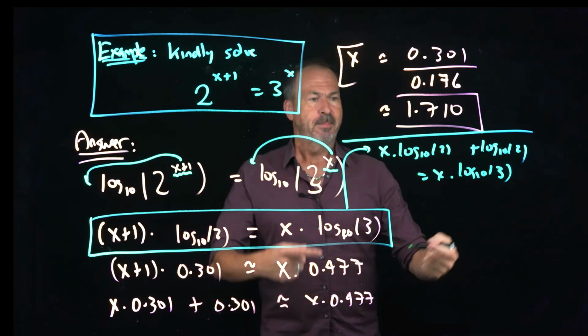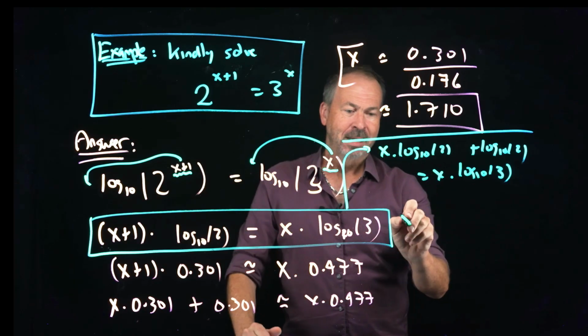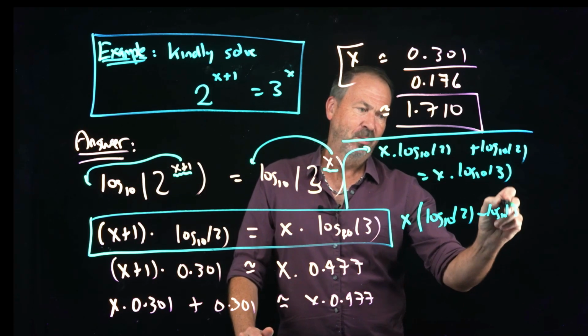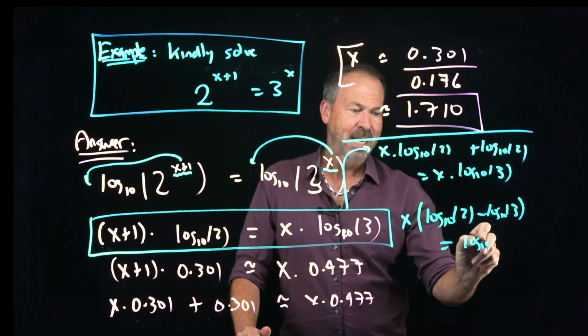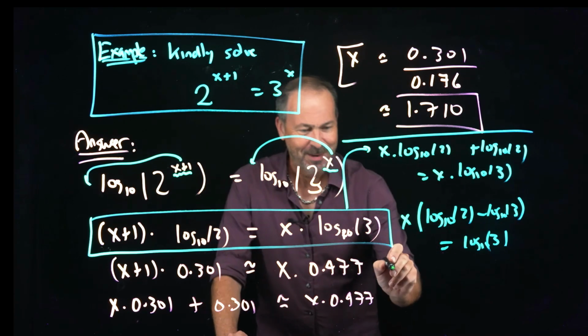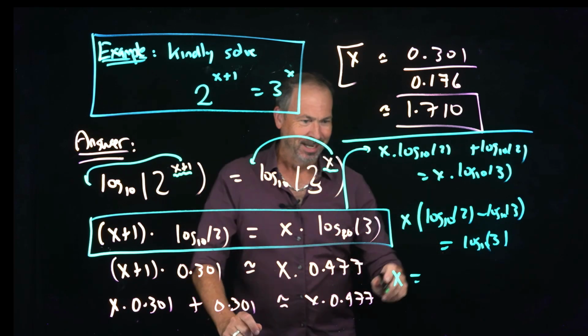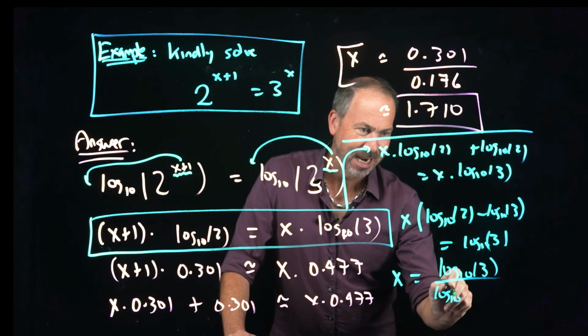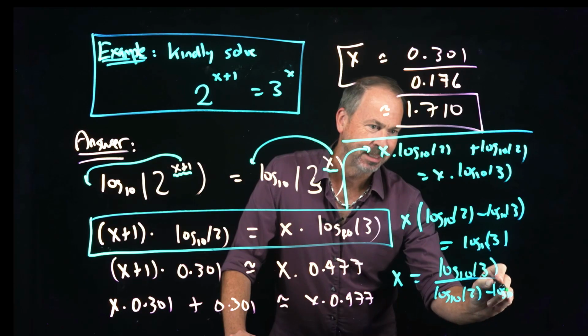All right, let me subtract: x times log base 10 of 2 minus log base 10 of 3 equals log base 10 of 3, which tells me x is, okay, this is a terrible technique, log base 10 of 3 over log base 10 of 2 minus log base 10 of 3.